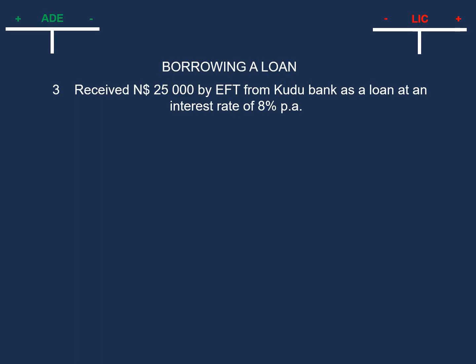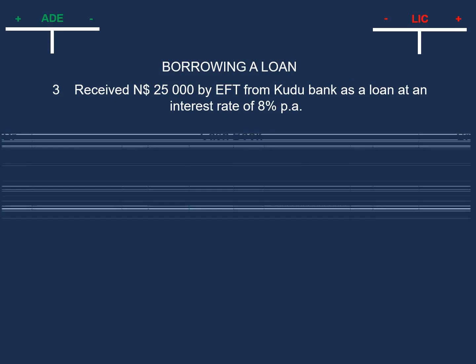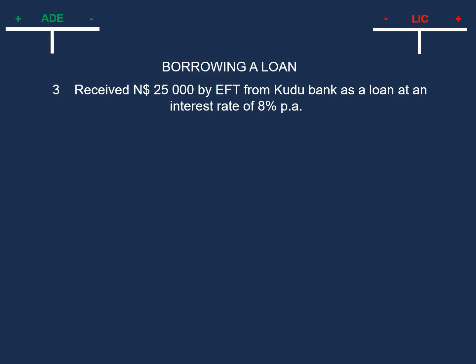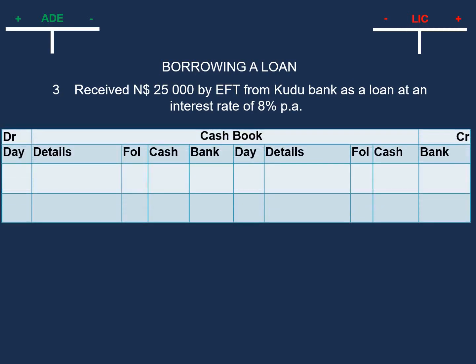Now the two accounts we can identify, one is bank because of the EFT, the other account is the loan from Kudu Bank. This transaction will involve our cash book, and the money we will enter in the bank column because we received the money through EFT.